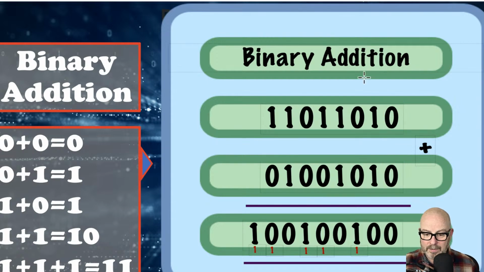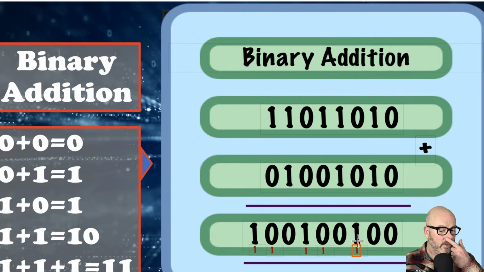Nice, easy start. Then it gets a bit nasty. 1 plus 1. Let's go to our cheat sheet. 1 plus 1 is 1, 0. So you put the 0 down just here, and you carry the 1. And there's our 1 carried down here.